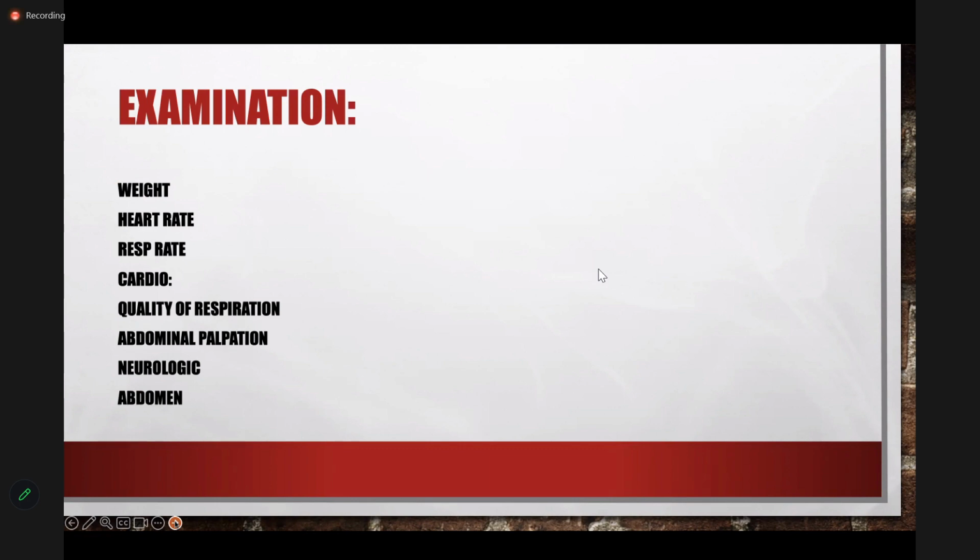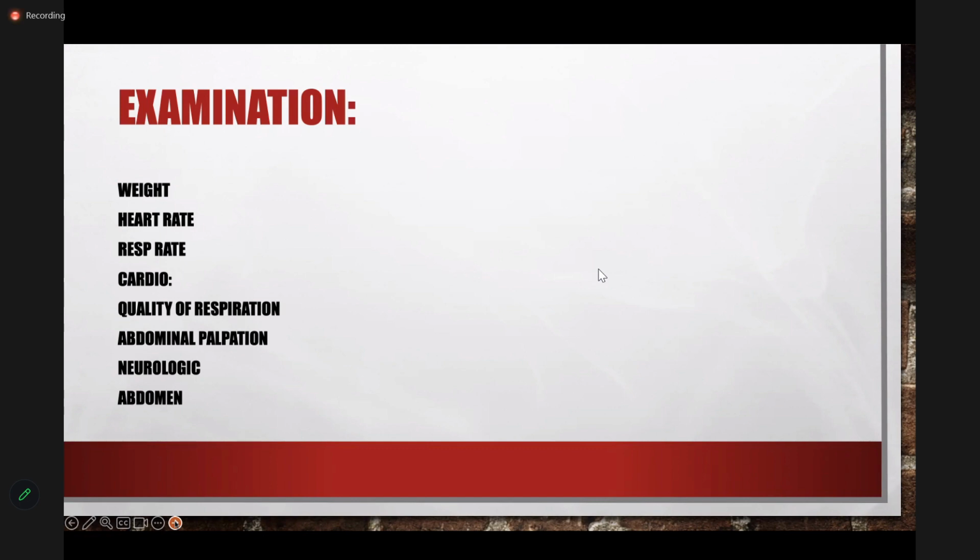Why? What's causing the abnormal sound? There are a lot of factors, different heart sounds. Sometimes if the flaps or the leaflets are damaged.